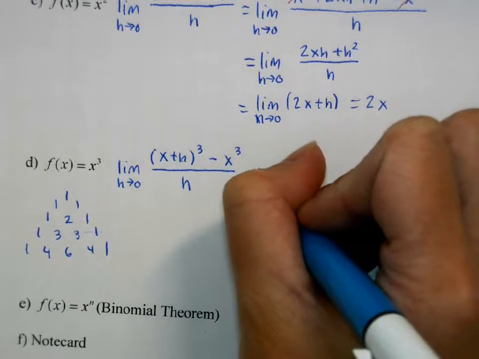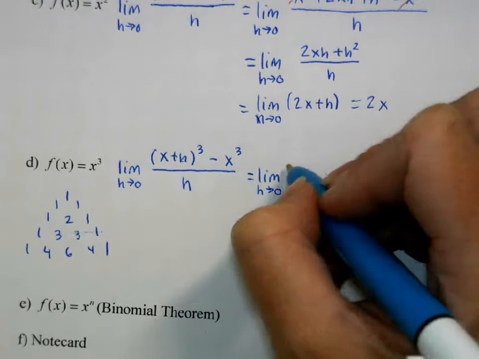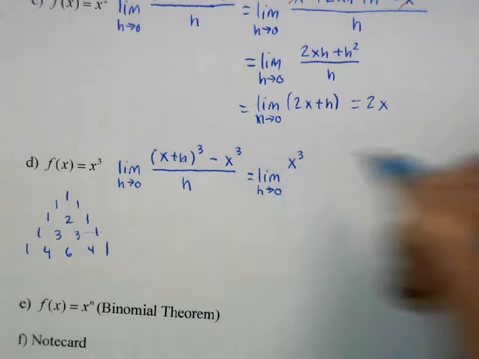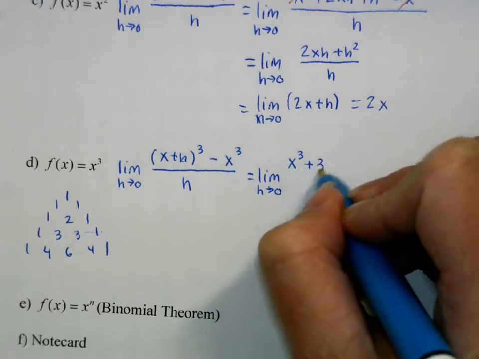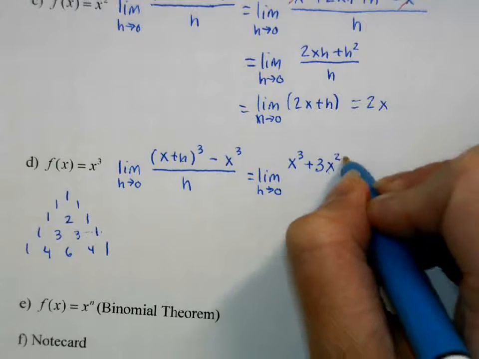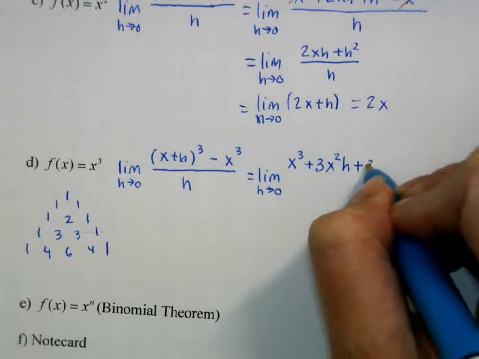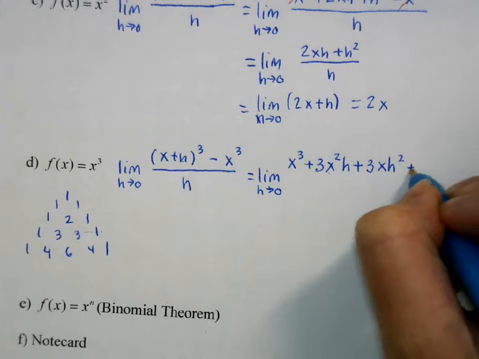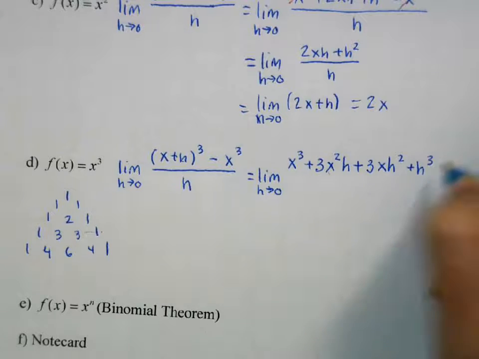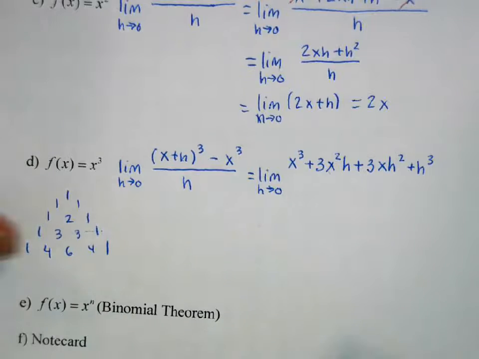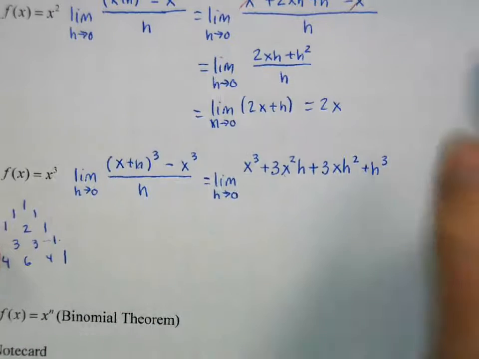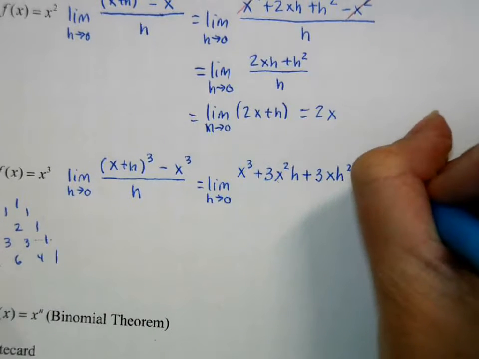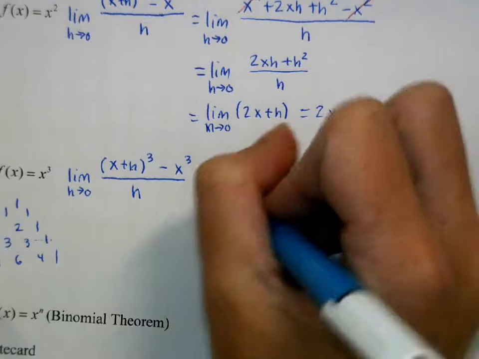So this is going to be 1x cubed plus 3x squared h plus 3xh squared plus h cubed. Okay, that's this expanded minus x cubed over h.